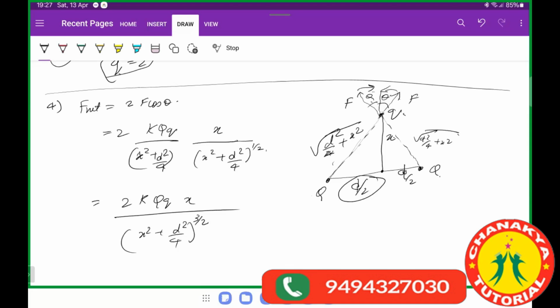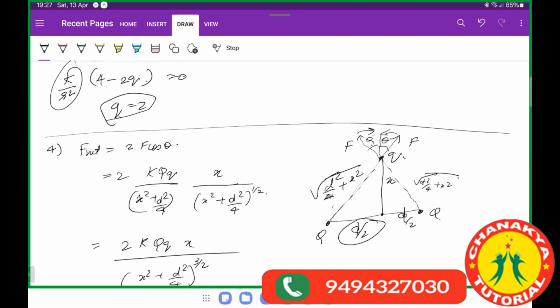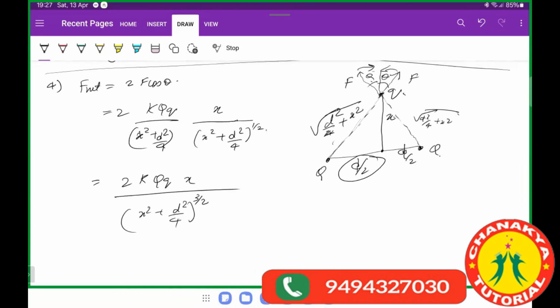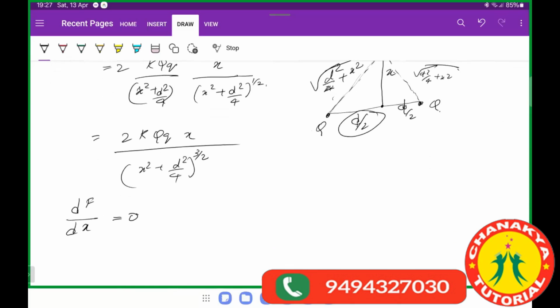Now again, what do we need? They're asking to find the maximum Coulomb force. Just now I said, what do we do for getting maximum force? Just now we did: we differentiated and equated to 0. This time we are not going to differentiate with respect to Q. This time we are going to differentiate with respect to distance, because they're asking with respect to distance, equals 0.